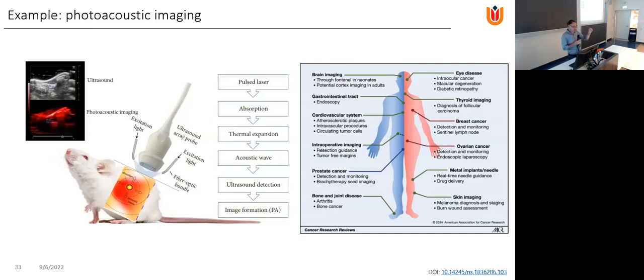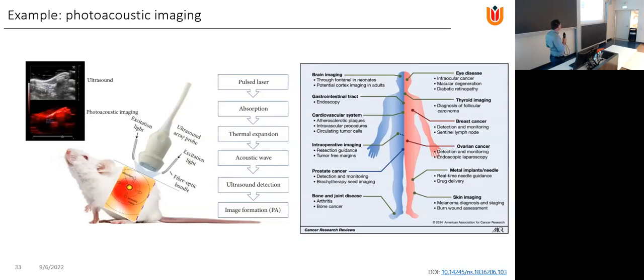That expansion generates an ultrasound wave, an acoustic wave, and that ultrasound wave can be detected on the outside with this ultrasound transducer, just like with echography of babies. So that technique is based on this: absorption generates heat, generates an ultrasound wave.